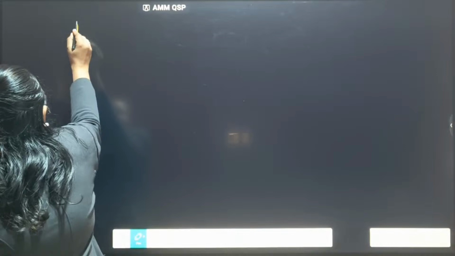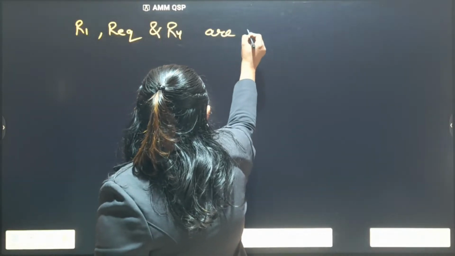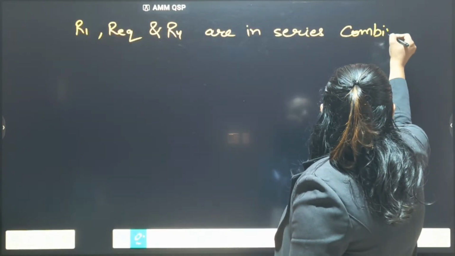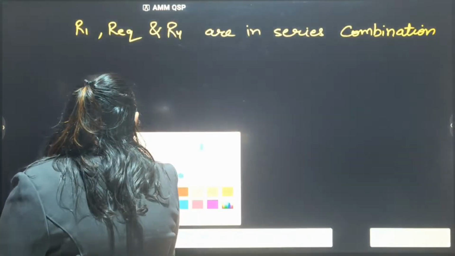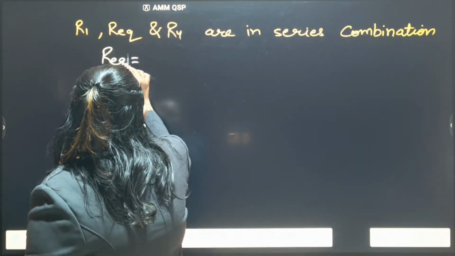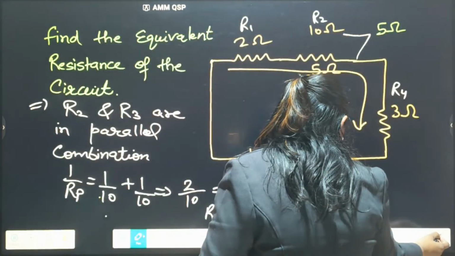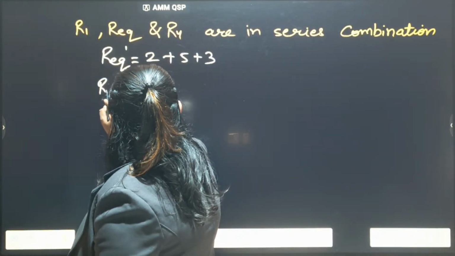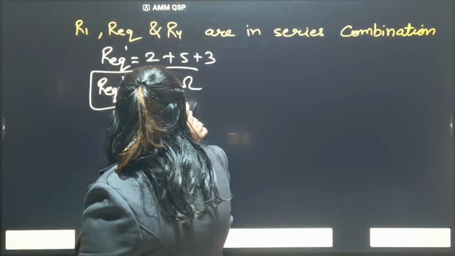So R1, R equivalent and R4 are in the series combination, right? Now what will be the equivalent resistance? Final one, it's 2, 5 and 3. So 2 plus 5 plus 3. That means 10 ohm equivalent resistance we have in the circuit.